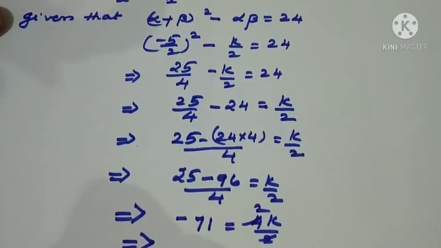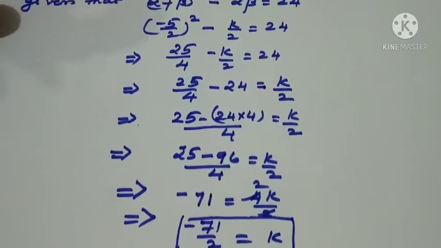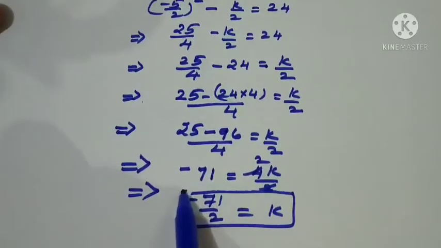So k equal to minus 71 by 2. This is the answer.